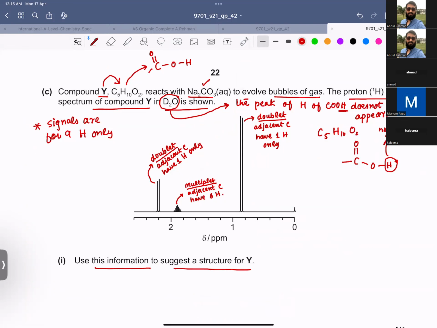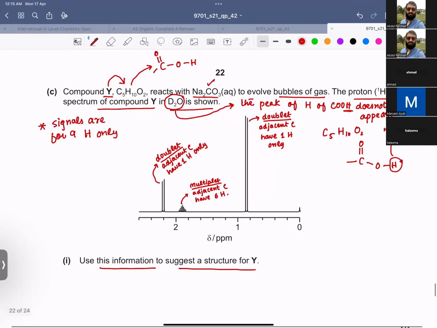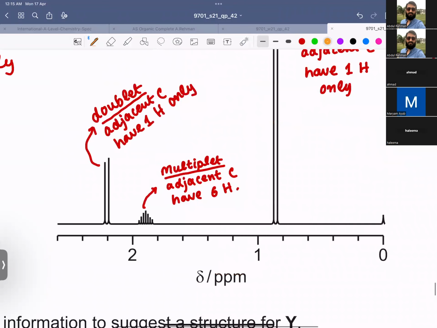So from this, I can conclude that there is a possibility of this structure being present in the molecule, right?